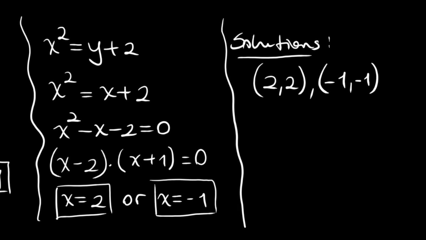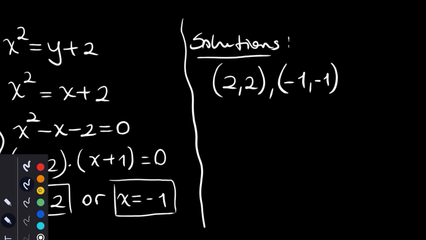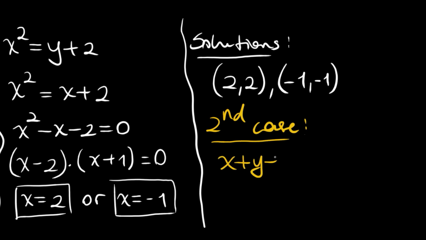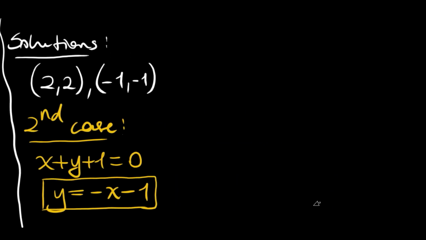Now let's check our second case. The second case was x plus y plus 1 is equal to 0. Let's separate one of the variables. y is equal to negative x minus 1 from this case, and let's use this similarly.